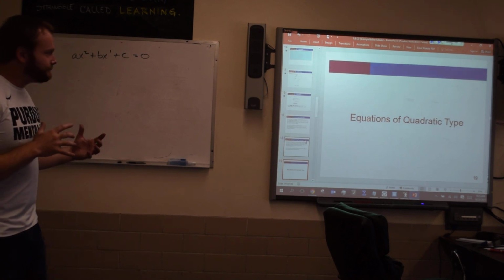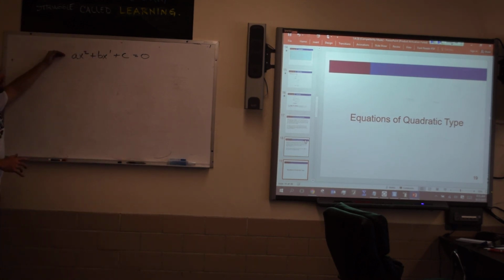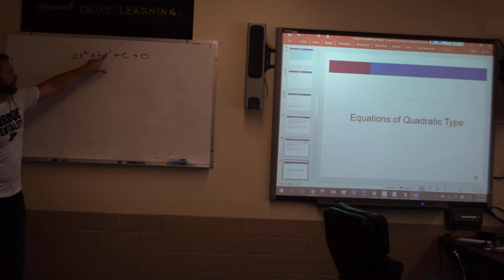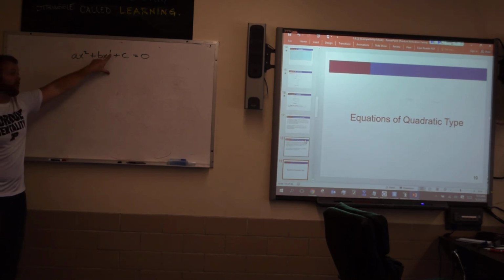When we have equations, they might not always have a power of 2 and a power of 1. Okay? It might be a power of 6 and a power of 3. It might be a power of 12 and a power of 6. It might be a power of 1/3 and a power of 1/6.